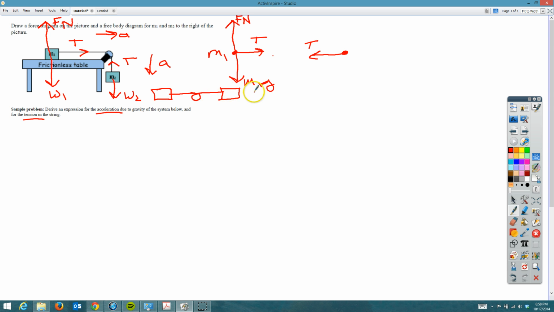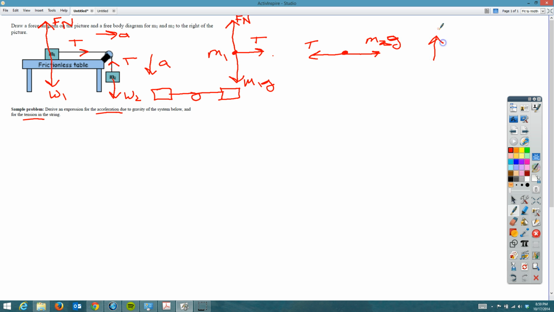We're still looking at gravity going down, but we're just trying to make this a straight line. So if we have tension going up, which we drew to the left, notice that in the opposite direction is the weight of that second box, and we know the weight of the second box is M2G.